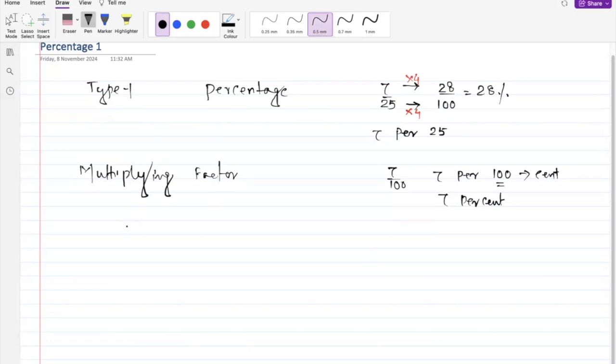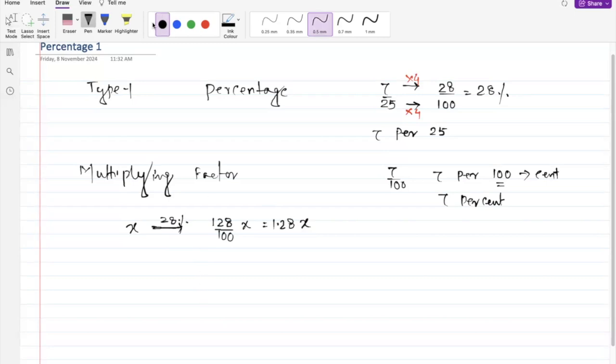Like x is a value and you are increasing x by, let's say, 28% only. So when you are increasing x by 28%, the new value would be 128% divided by 100 of x, which will ultimately become 1.28x.